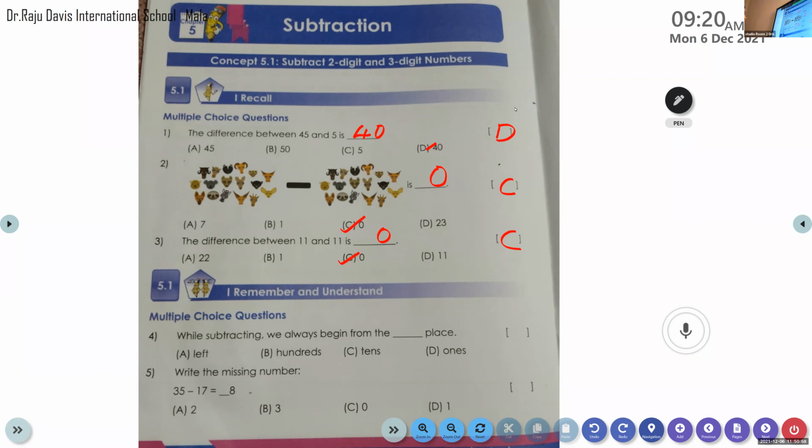Okay, while subtracting, we always begin from which place? Ones place. So what is the answer? Option D. Ones place. Please write, everyone. While subtracting, we always begin from the ones place. Okay, very good.